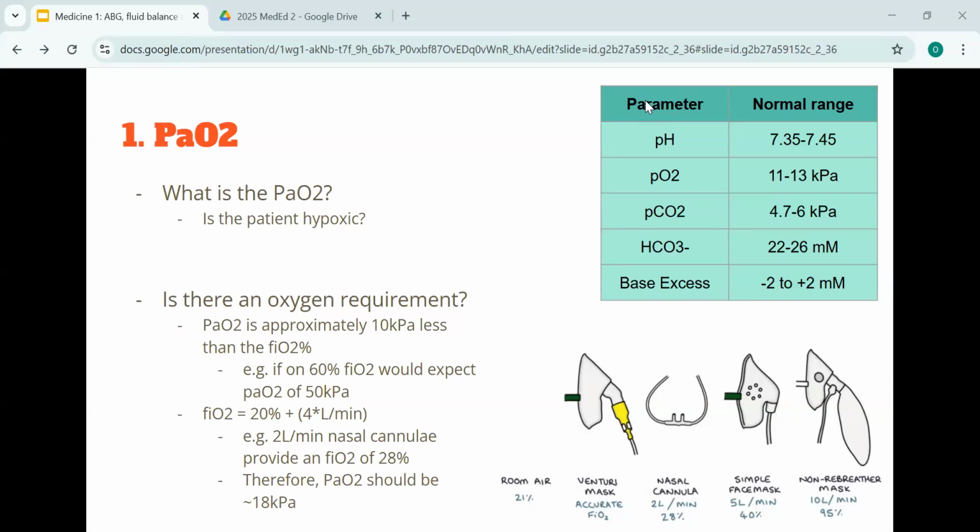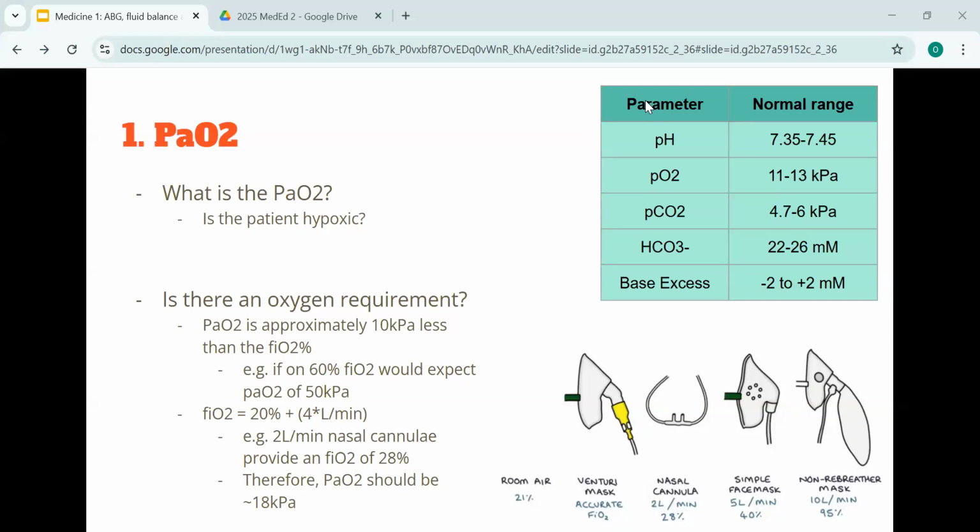So we use the fraction of inhaled oxygen, the FiO2, to give us an idea of the input, so the amount of oxygen someone's actually receiving in the lungs, in the alveoli, which helps us to evaluate the actual output. So how much of the oxygen we're giving them into the alveoli is reaching the arterial system. Without this, you just lack the context to be able to determine if the lungs are functioning properly.